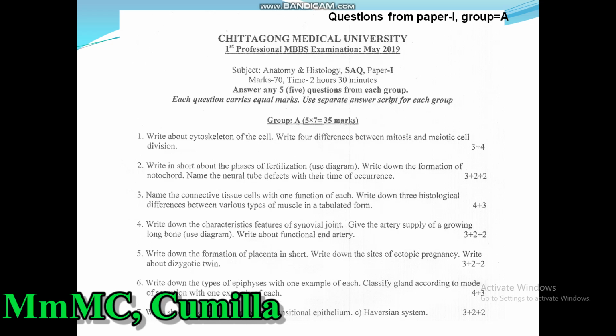So here some diagrams are there, which we already taught you in our classes, and we go into details about what changes take place in the first week of development.